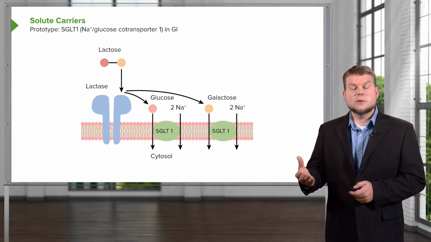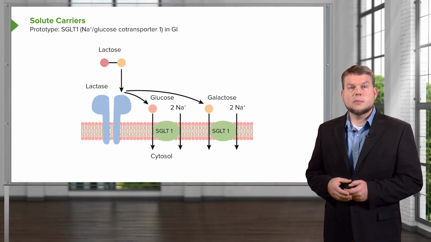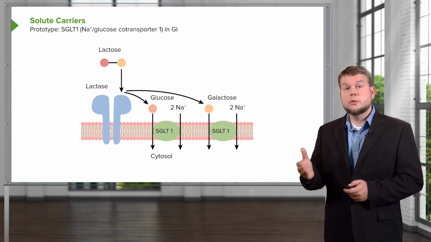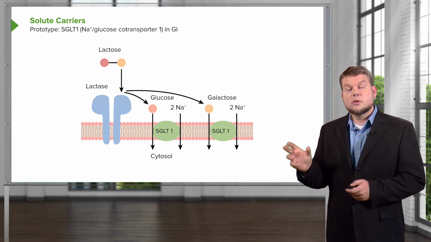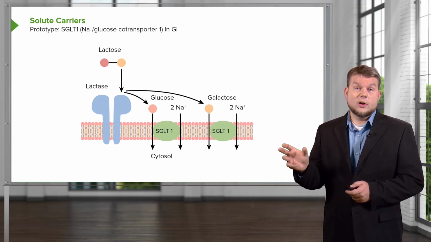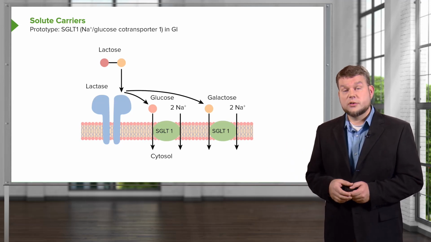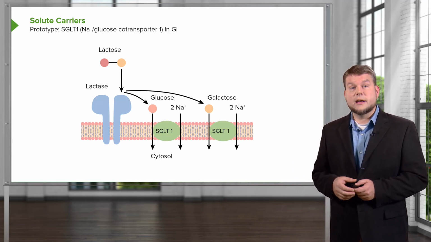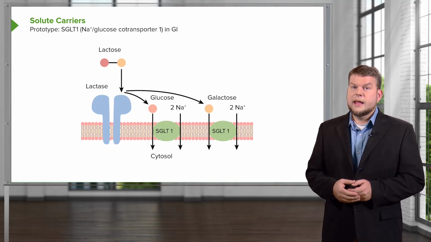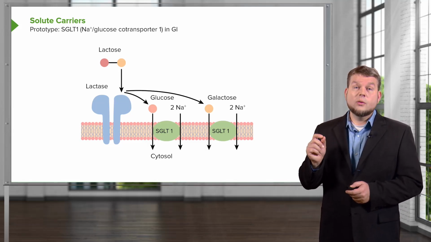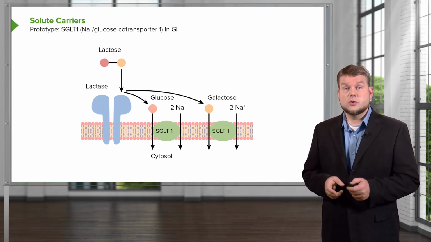You have lactose, and it gets broken down by an enzyme called lactase into glucose and galactose. Now both of these simple carbohydrates are going to need a transporter to get into the body. SGLT1 provides that transporter. In this case, we're going to be moving in one glucose molecule and two sodiums.